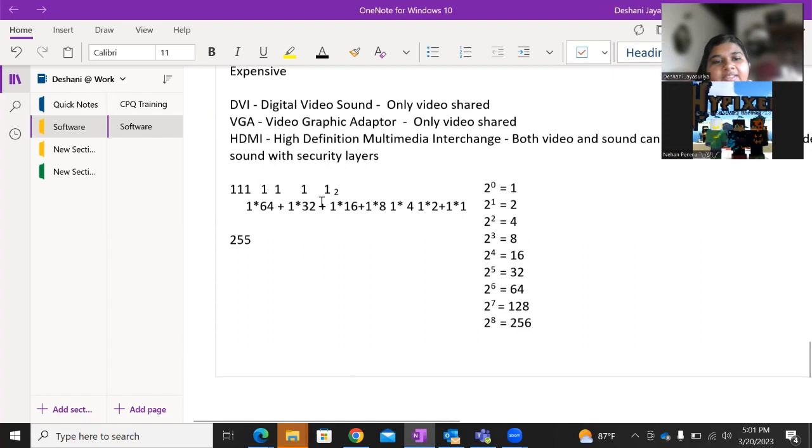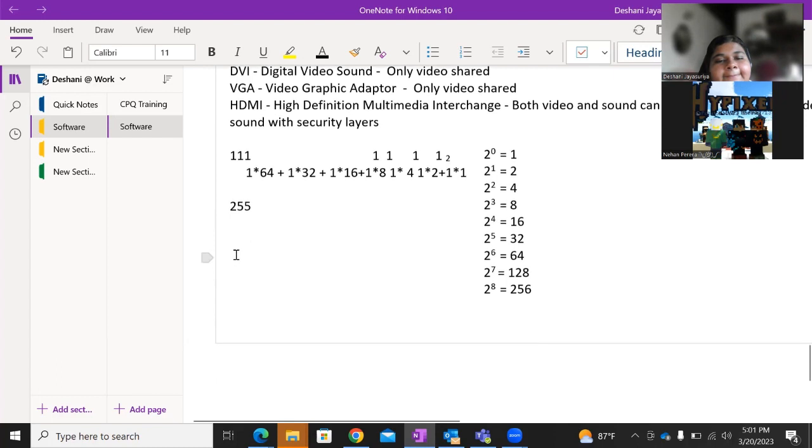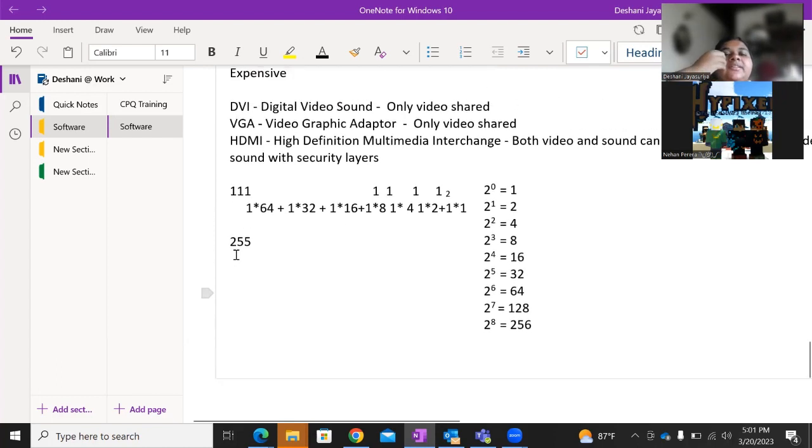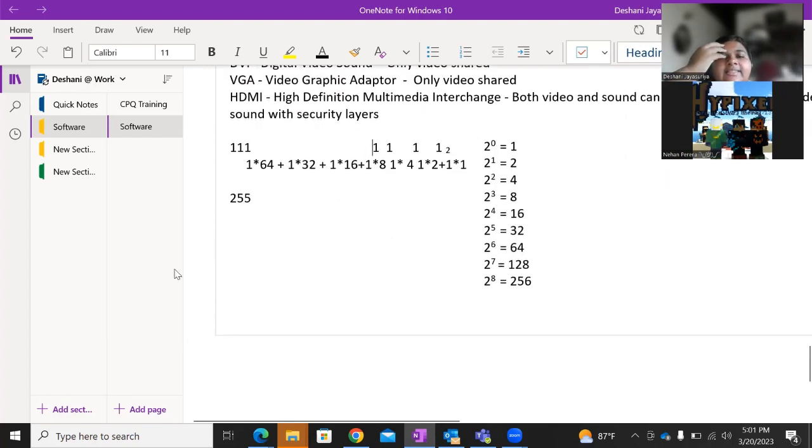Always when you're asked to write the answers, please make sure to write all the things that you did for that question. So like this, we can just get all the values.